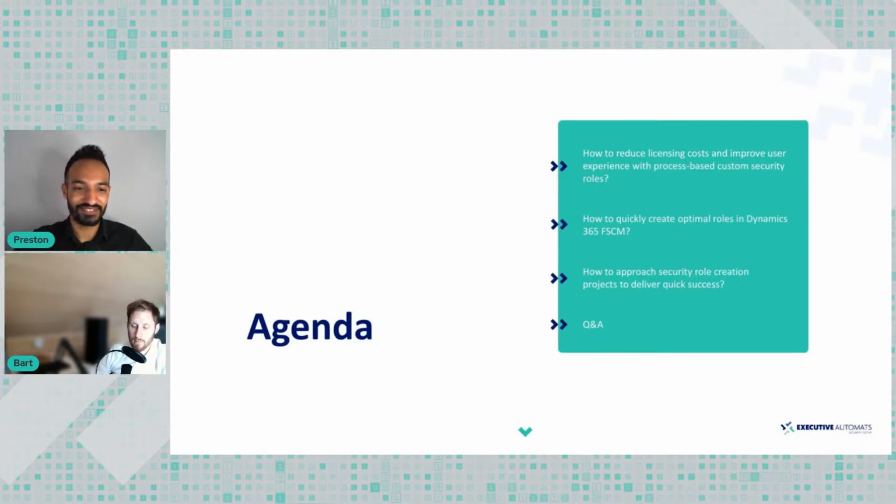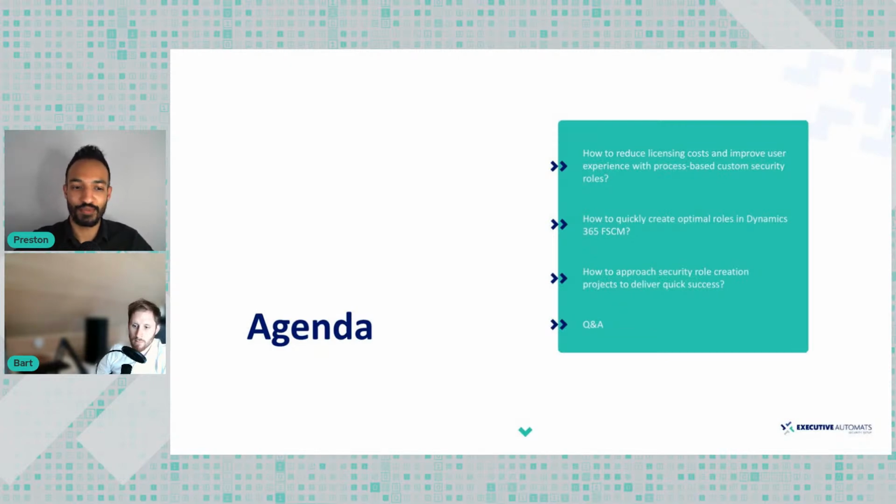Our agenda for this webinar: we're going to have an introduction from myself on security setup, and then hand over to my colleague Bartosz, who's going to take us through how to reduce license cost and improve your user experience on process-based custom security roles. We're then going to go on to how to quickly create optimal roles in Dynamics 365 FSCM.